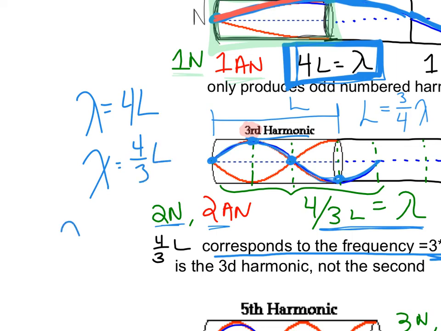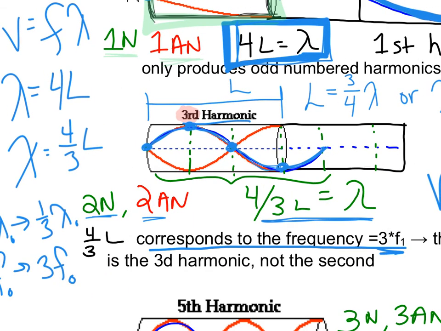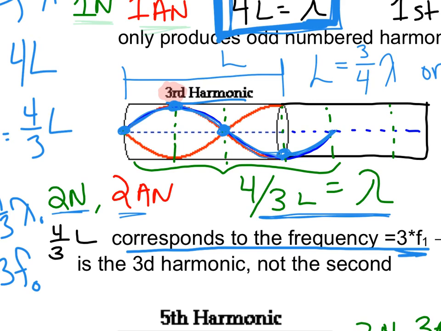And if my wavelength is now cut by 1/3, then what's going on with my frequency? Well, it must be multiplied by 3, because I know that v equals frequency times wavelength. They're inversely related. So my next highest standing wave that shows up in my closed-ended tube is not 2 times my fundamental frequency.